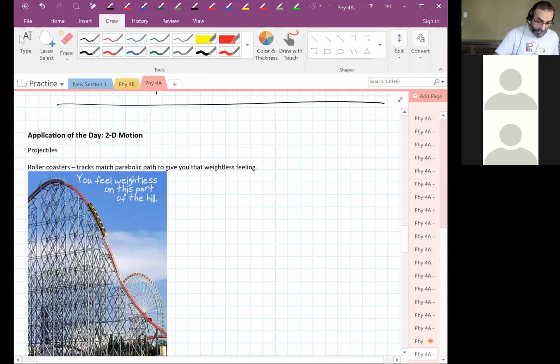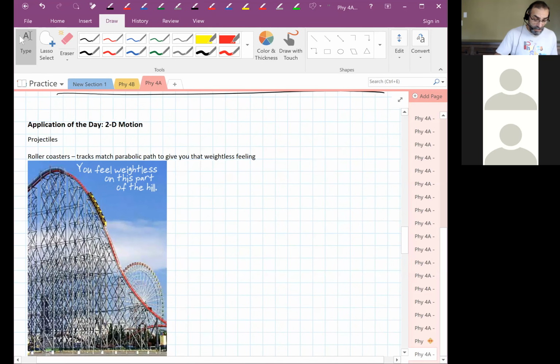Roller coasters. So the shape a roller coaster takes is calculated very precisely based on the speed and things. So you know, right, if you take some object and slide it off the table, it's going to follow a parabolic path and hit the ground over here, right?